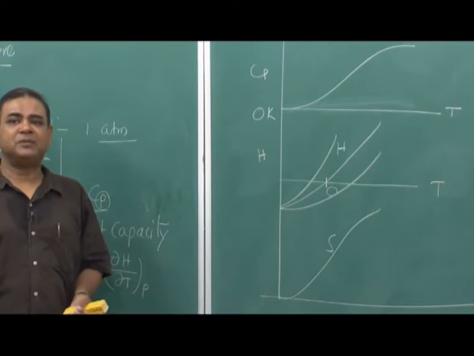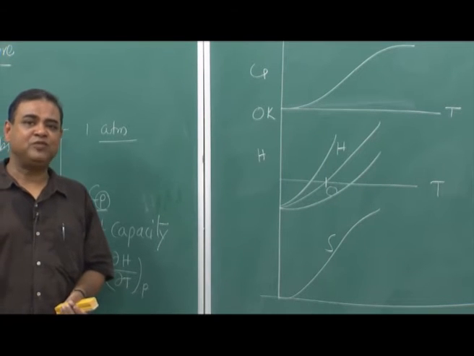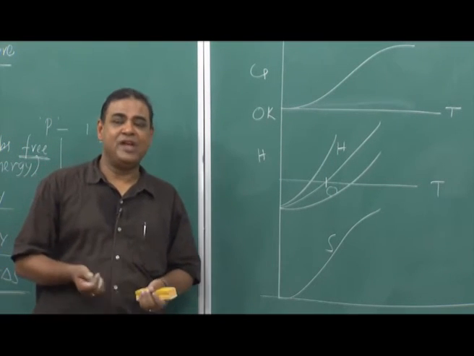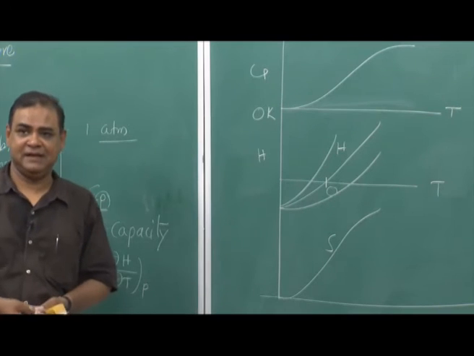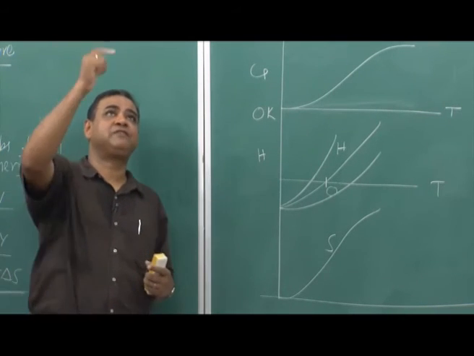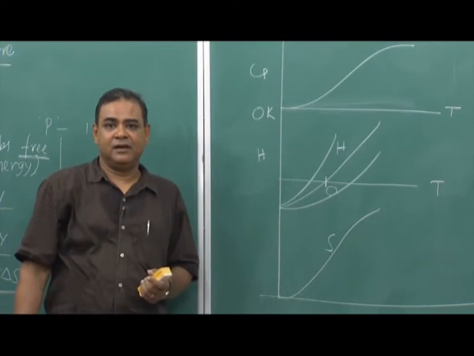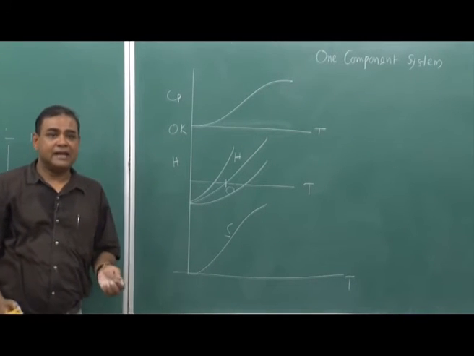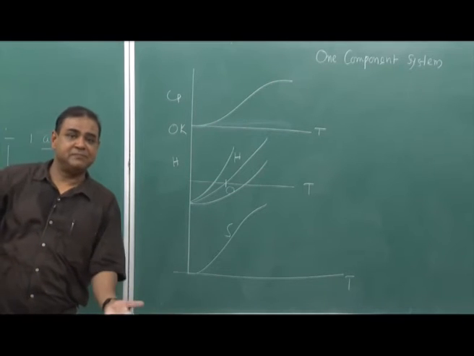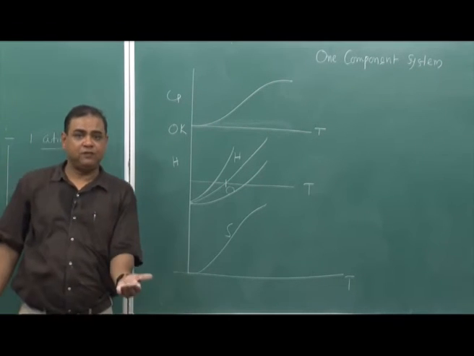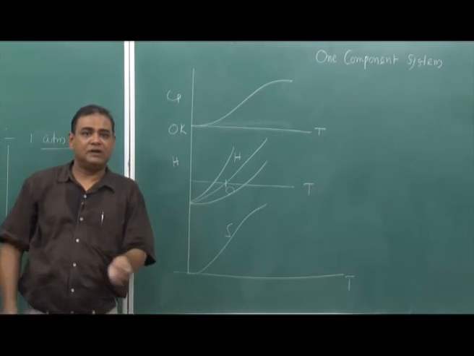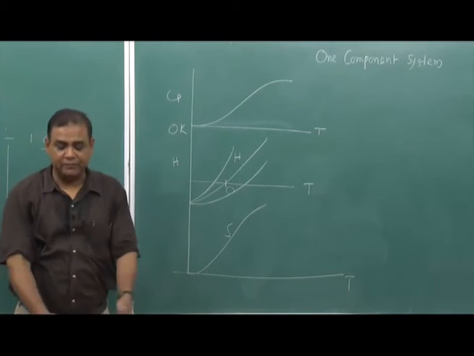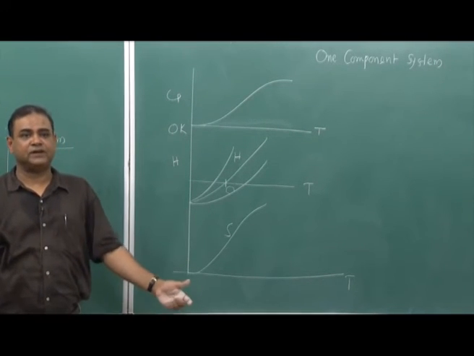But in thermodynamics, in order to find some value, we have to set up a reference state. For example, in order to measure the height of a building, we need to measure it from the datum, that is, from the floor of the earth.